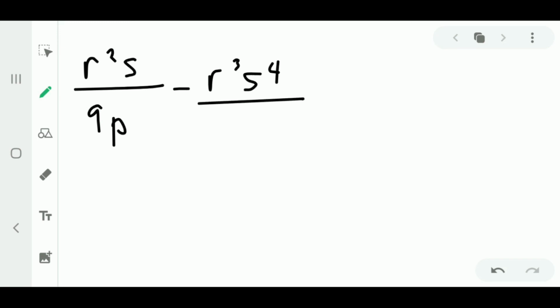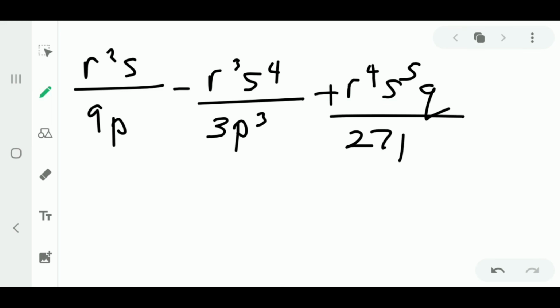Let's try this question here. r squared s over 9p minus r cubed s to the 4 over 3p cubed plus r to the 4 s to the 5 q over 27p squared. The first thing we need to do, look at the r's.